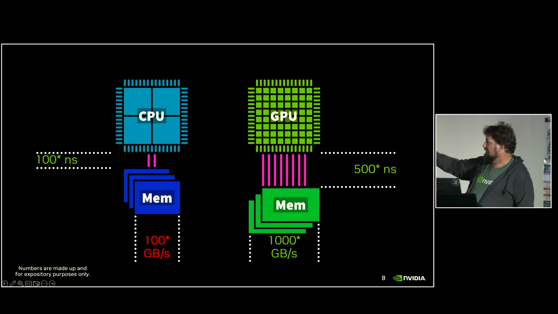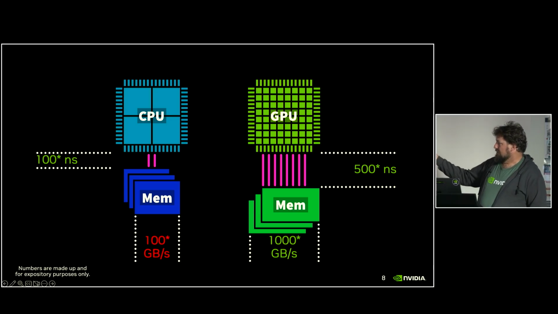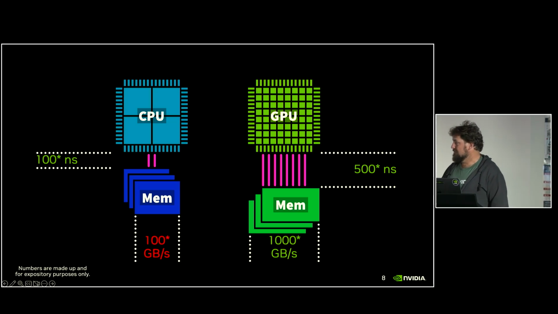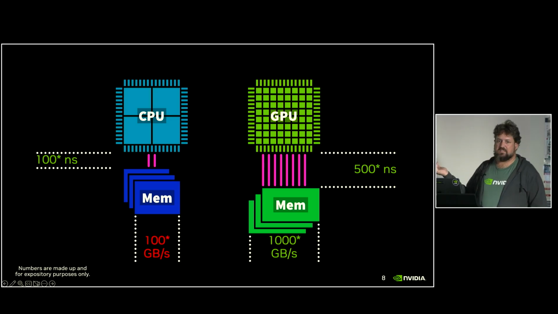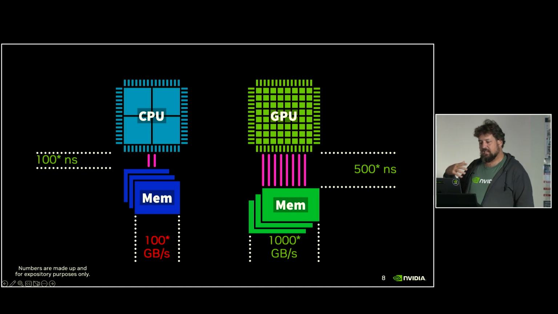GPUs are going to have a fixed bit of memory, and you're going to have a bigger cost if you get off that. Now I might have 10x more lanes to my registers on a GPU, but I have typically 10 to 100x more processors to feed. So your algorithms have to be fed in a way that you can load a bunch of data, do a lot of work, and get throughput out.